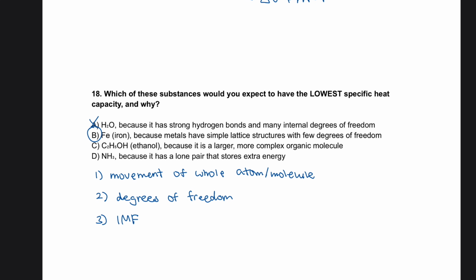So this should have the lowest specific heat capacity, but we can look at the other options. Ethanol is a larger, more complex organic molecule, and a larger and more complex molecule means a higher specific heat capacity. And ammonia has a lone pair that stores extra energy, and extra energy means higher specific heat capacity. So it is iron.